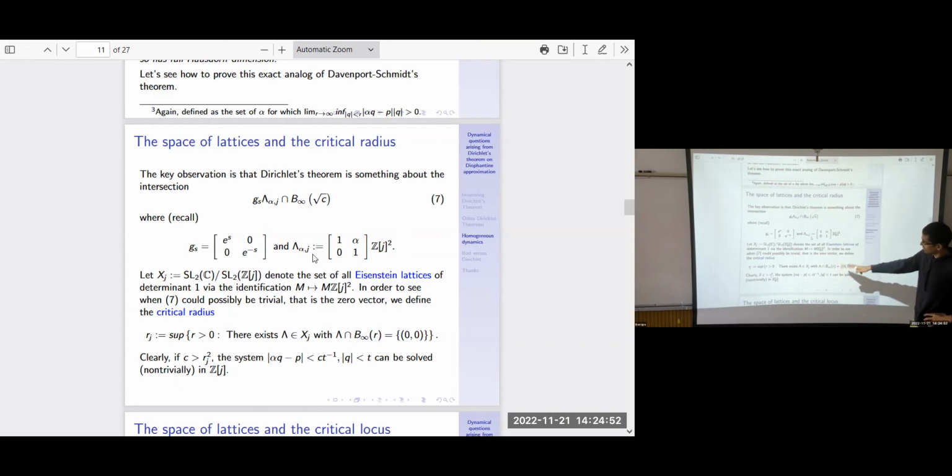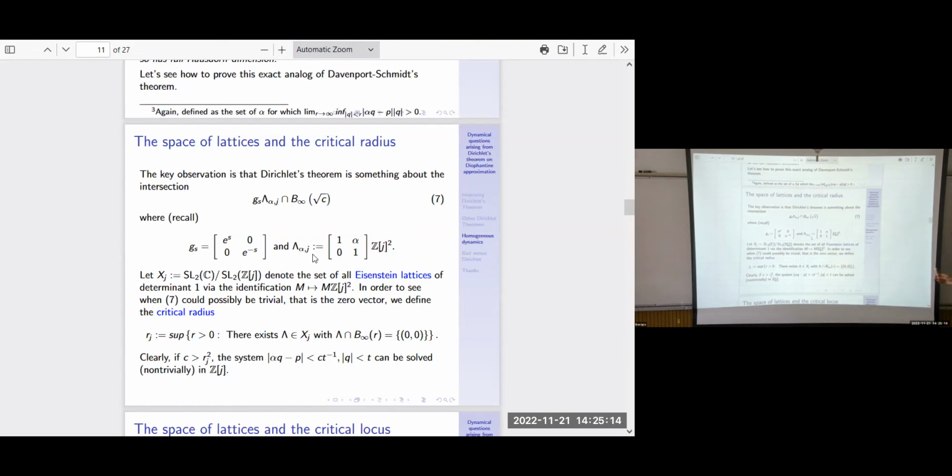Okay. So Rj is the largest number we can find such that there's one of these lattices which intersects the B infinity R ball trivially. Minkowski's convex body theorem tells you that Rj is actually finite, so it's some number.